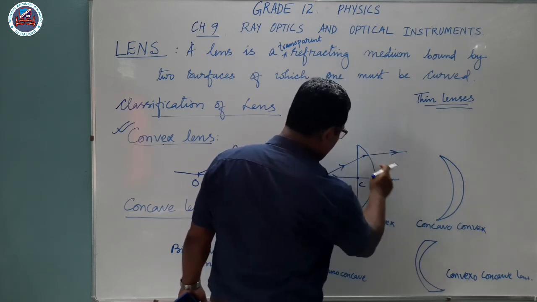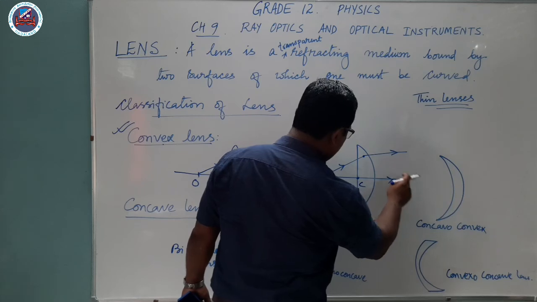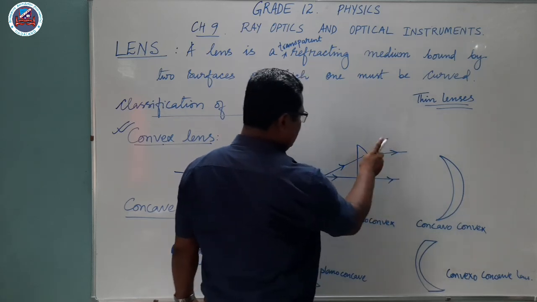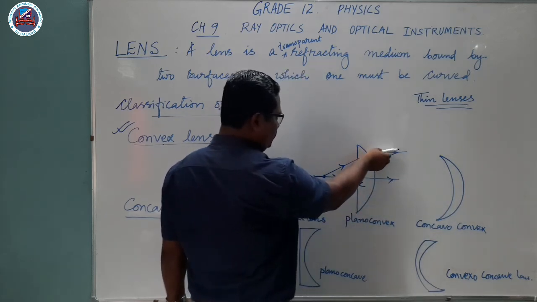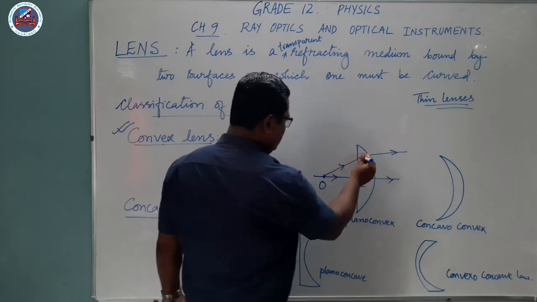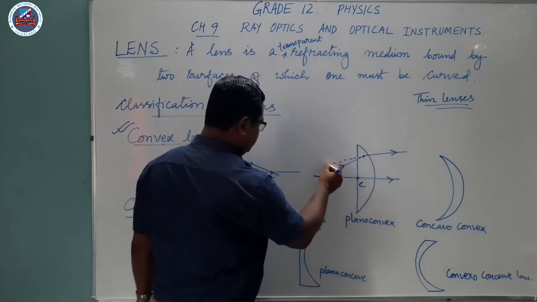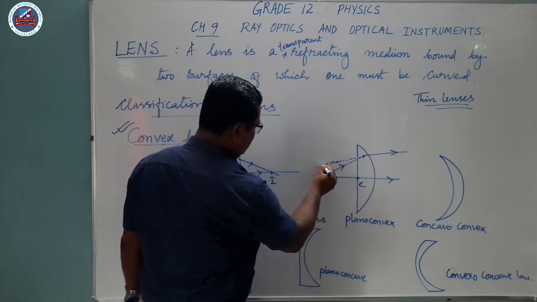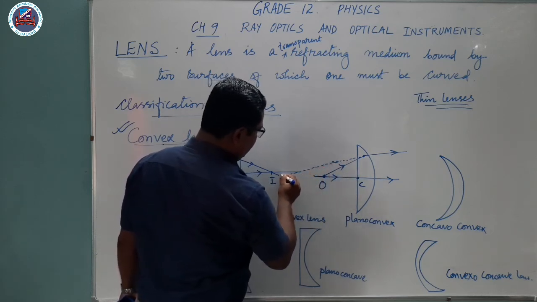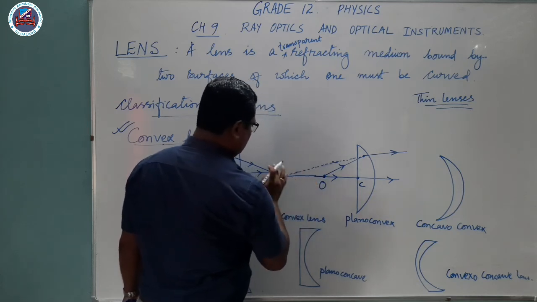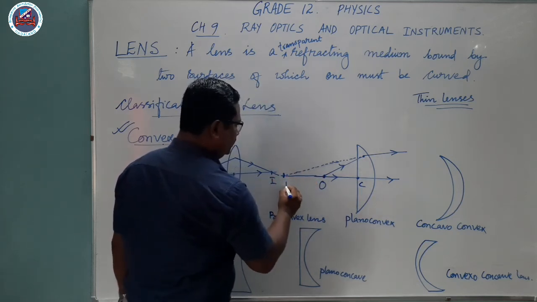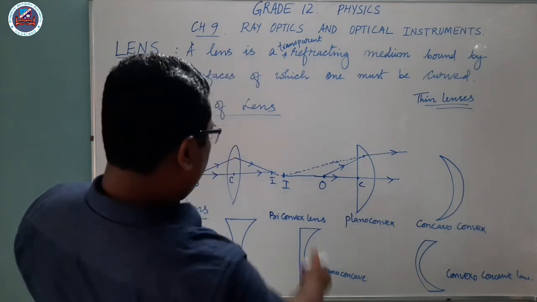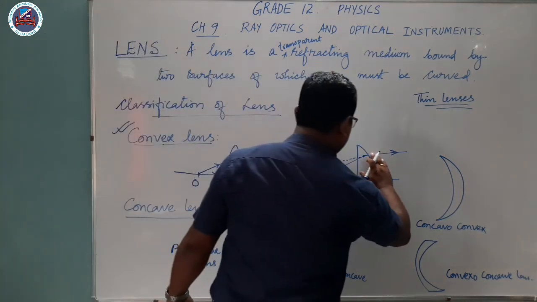But it cannot go and touch the principal axis because that much it cannot converge. Instead of going straight, it is converging. This way it will go. If you produce this line, the image will be formed on the principal axis. At this point, you will get the image. So it should look like this. It should look straight.